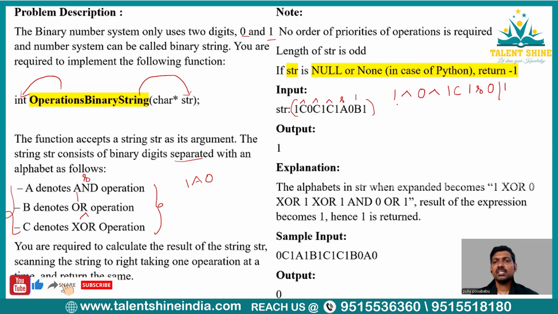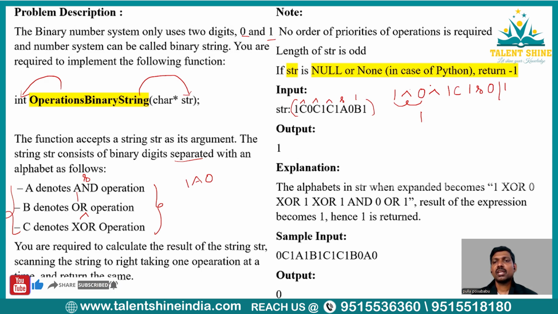Now let us identify the result for the first three characters. This is bitwise XOR. How does bitwise XOR work? If we have different inputs, the result will be 1, as we discussed already. So instead of 1 bitwise XOR 0, you could write 1.